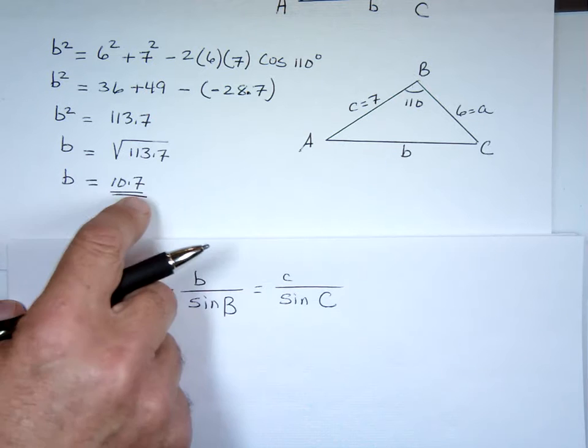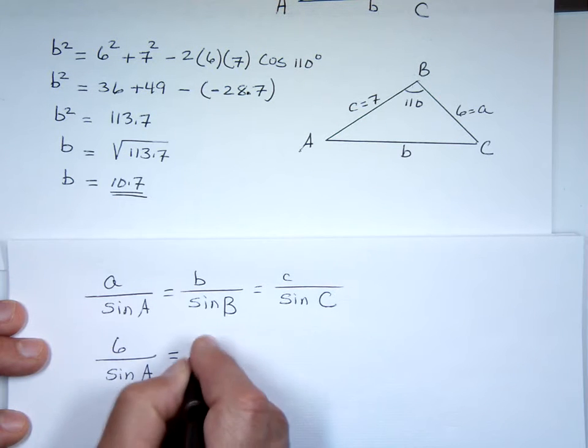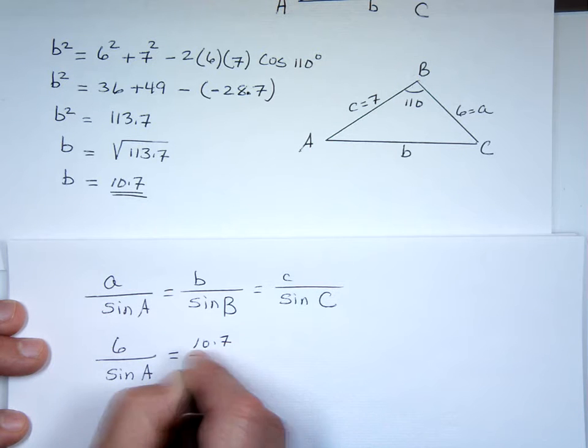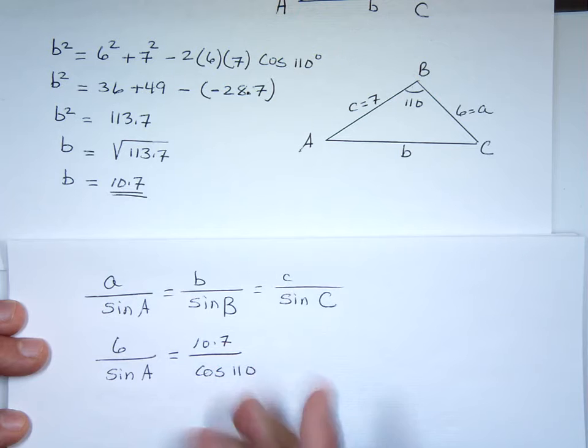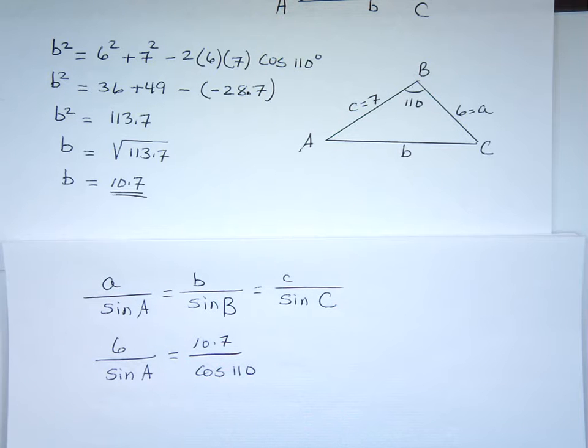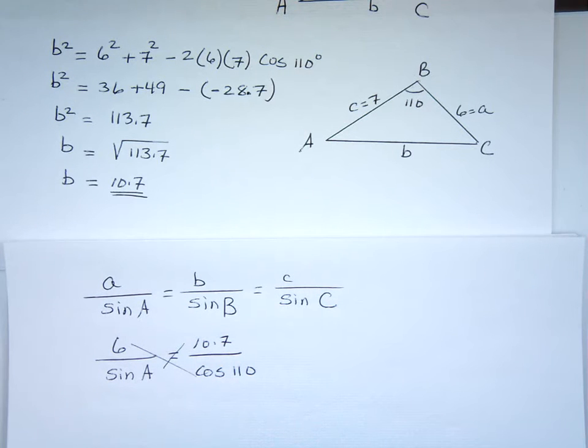Yes, I just solved for it using the law of cosine. 10.7 over what? Cosine 110. How many unknowns in that alone so far? Isn't there one unknown? I should be able to solve for sine A. Cross multiply.